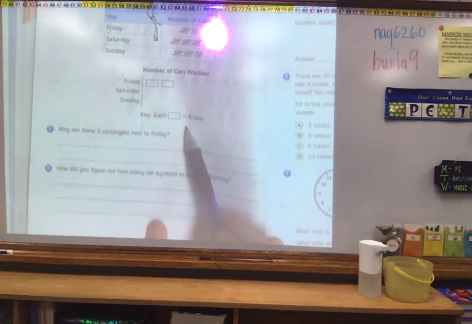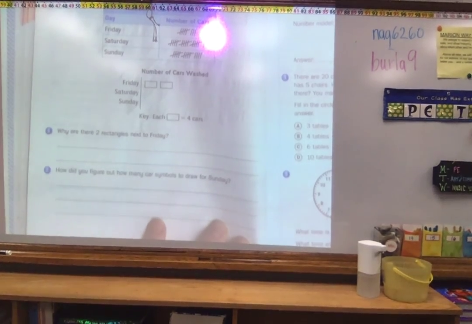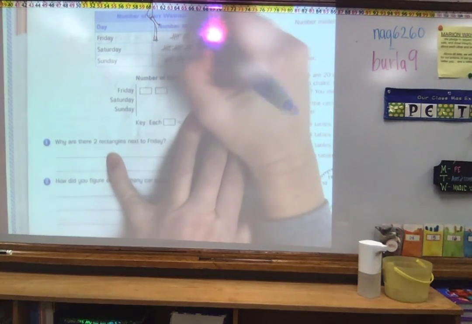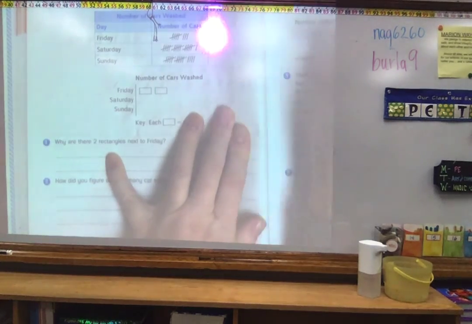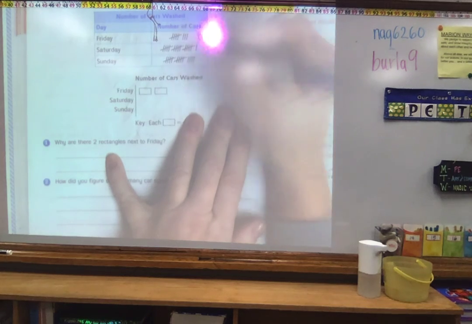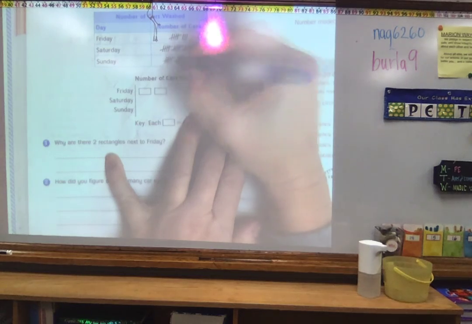So here is all the data in our tally graph. Down here, our key tells us that each rectangle equals 4 cars. How I like to do this is when I have information in a tally chart, I count it and I write the numbers so I don't make any mistakes when I'm transferring.